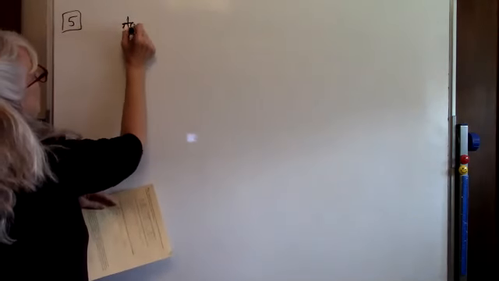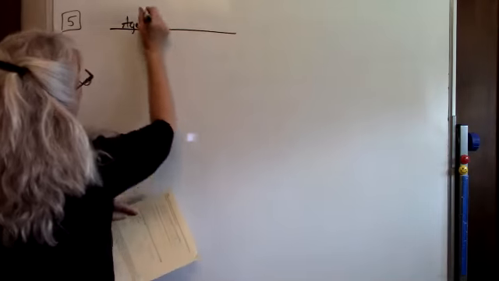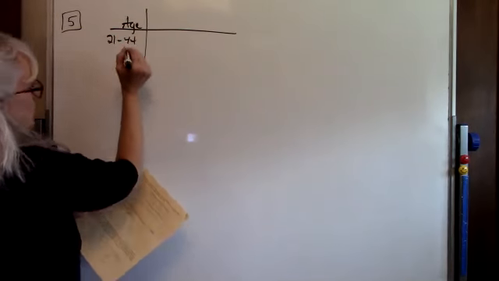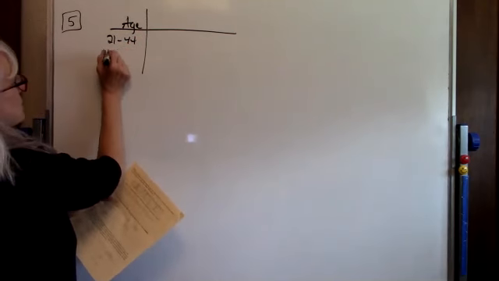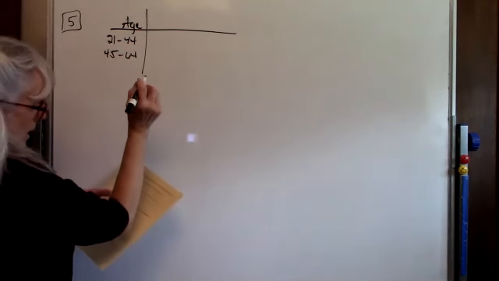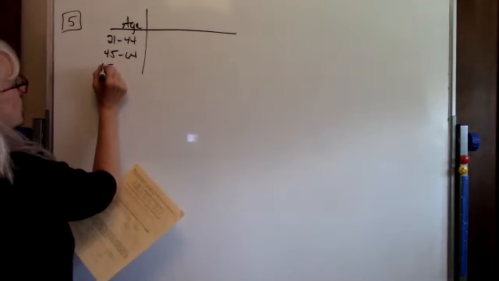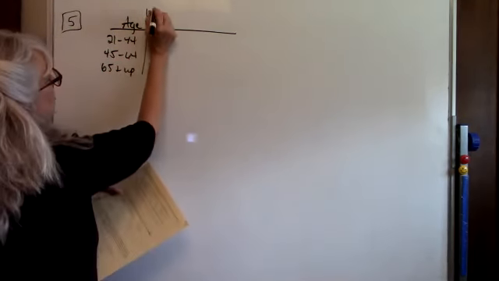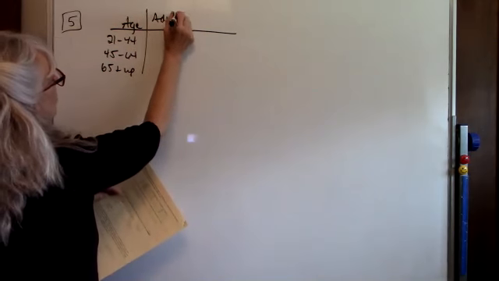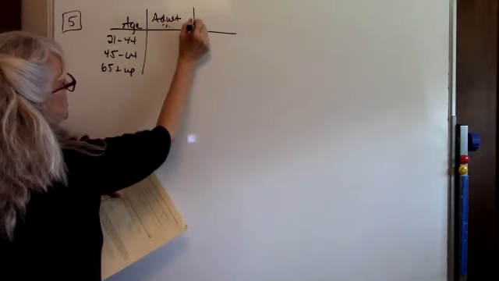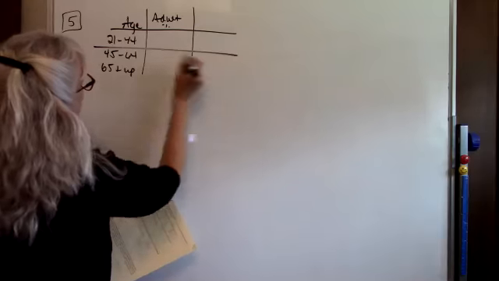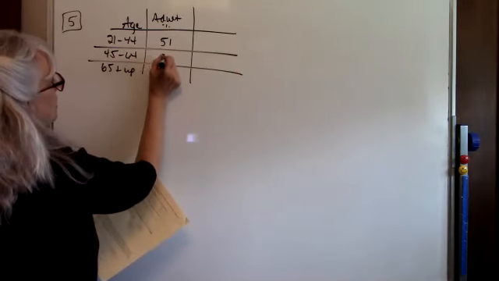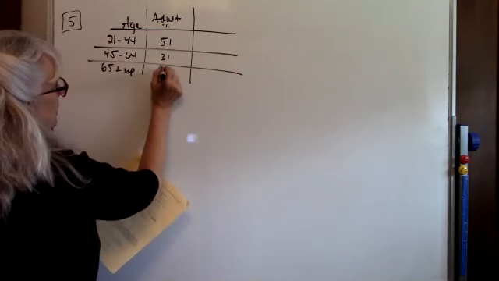So we have the age, and we have 21 to 44-year-olds. We have 45 to 64-year-olds, and then we have 65 and over. And we have percent of the adult population. So this is the percent of the overall adult population. This is 51%, 31%, and 18%.